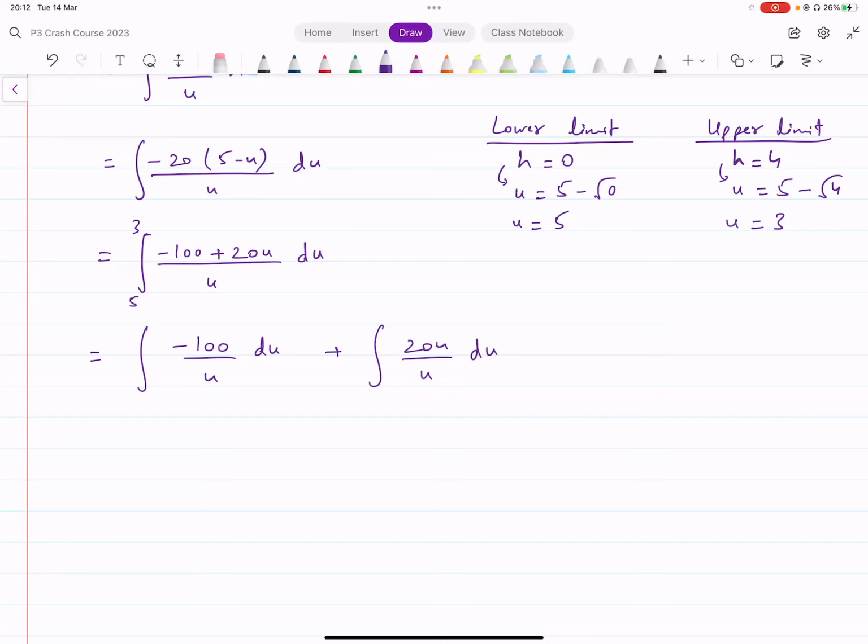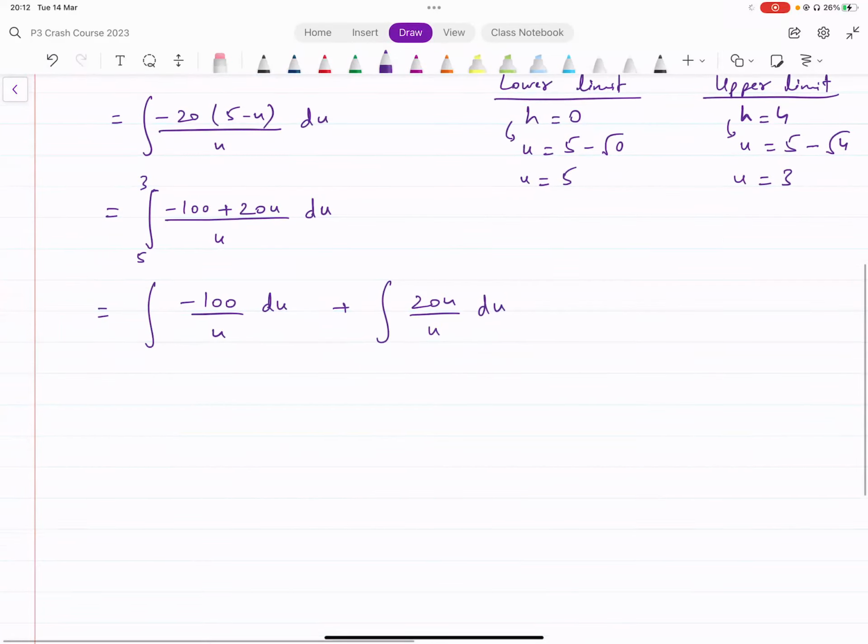Now for the first fraction, you could write minus 100 outside. What are you left with inside? Just 1 over u. And for the second one, u and u just get cancelled and you're just left with the integral of 20 with respect to u.